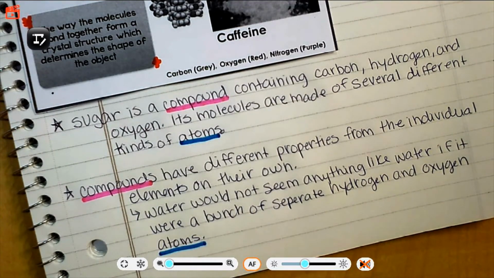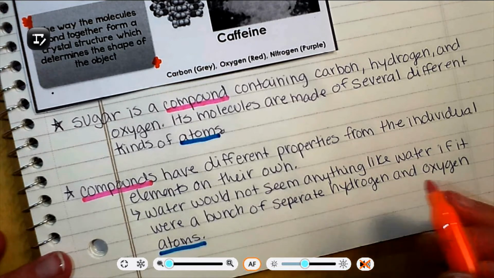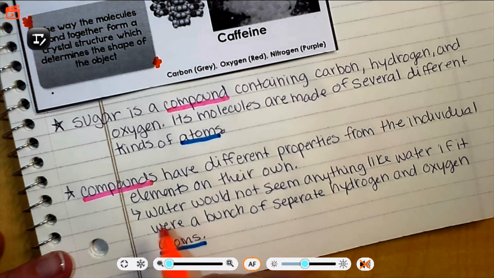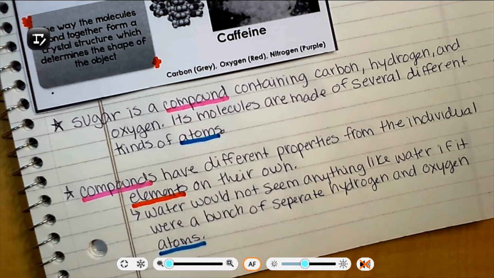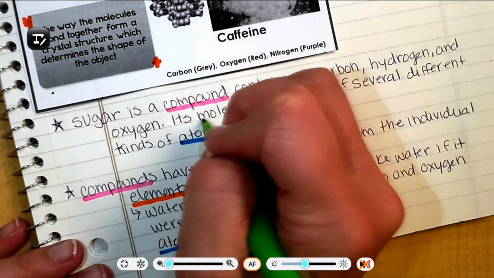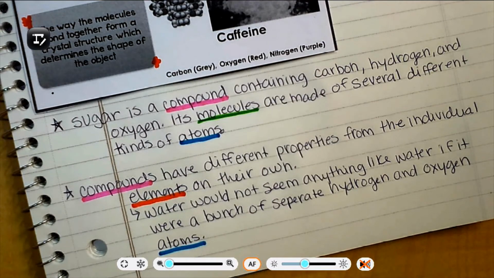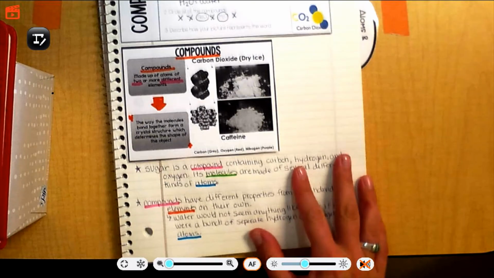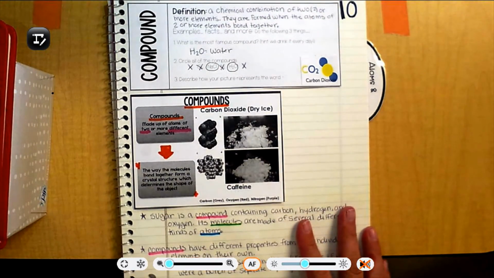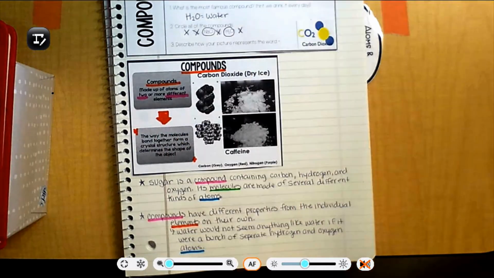And when you see the word elements, I want you to underline it in a third color. Looks like elements are right here. I only have one. Do I have a fourth color? And underline the word molecule in a different color. That wasn't as thick. So make sure your page looks like mine. And you are done with page 10.